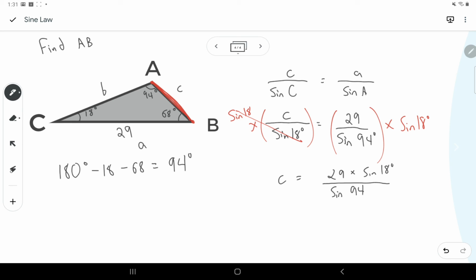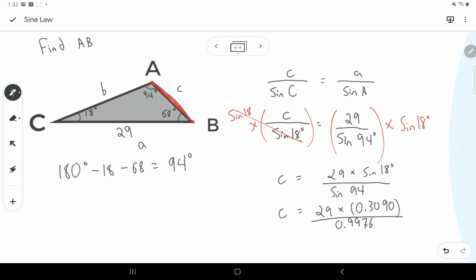Okay, so now we solve. This is what the next step says. All we do is start punching things into calculators. We'll do the sines first. So we have 29 times the sine of 18, which if you do that on a calculator, you get 0.3090. I'm rounding to 4 decimal places here. And that'll be over the sine of 94, which is 0.9976.